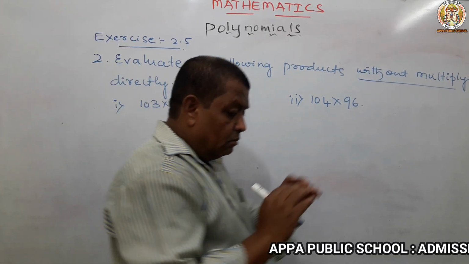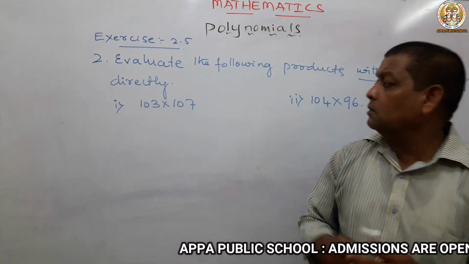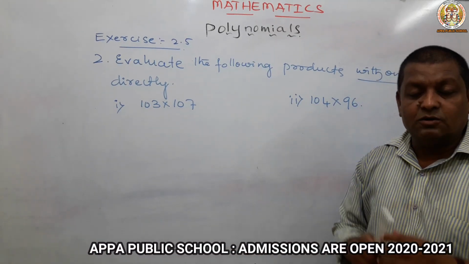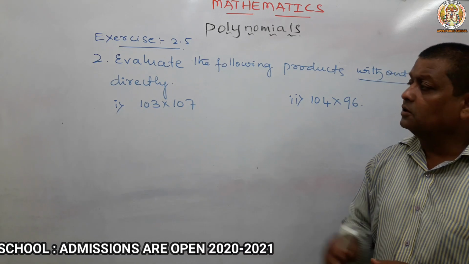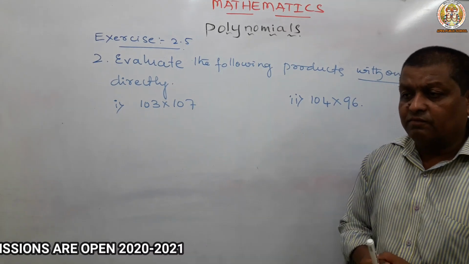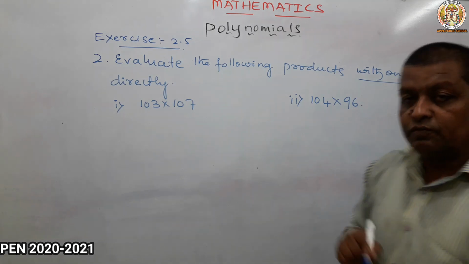So we can split the given number in such a way that it suits an identity. When you are splitting in that form, then we judge which identity is good for this.